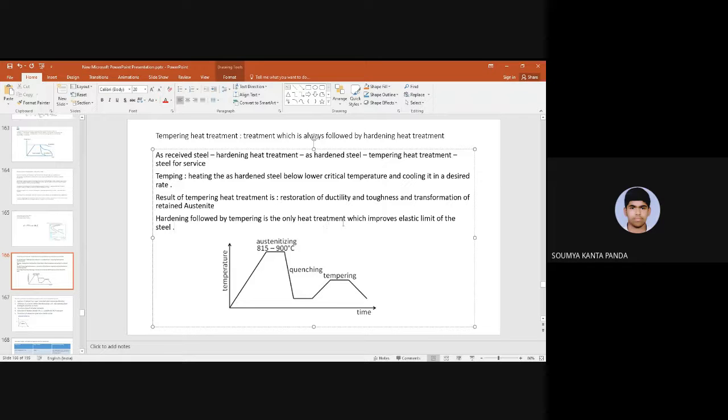Sir, in tempering, is it done until all the martensite is transformed, or until some martensite is transformed? No. Actually, it depends upon the material types, or upon the service or application area where you want to use your alloy or the steel, alloy steel or plain carbon steels, right?